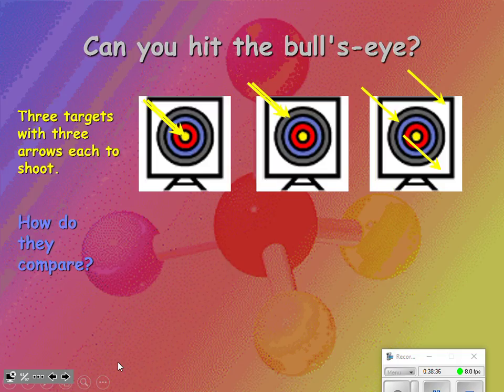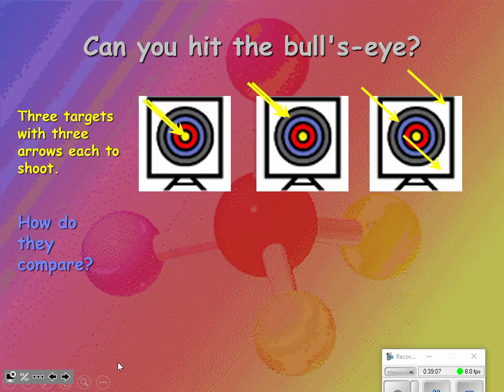Look at the first target. Are those accurate? Absolutely. They're all grouped together, aren't they? Are they precise? Absolutely, because they're all on the bull. Middle target, are those accurate? They are accurate.